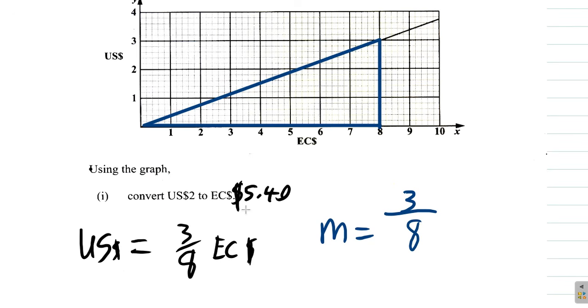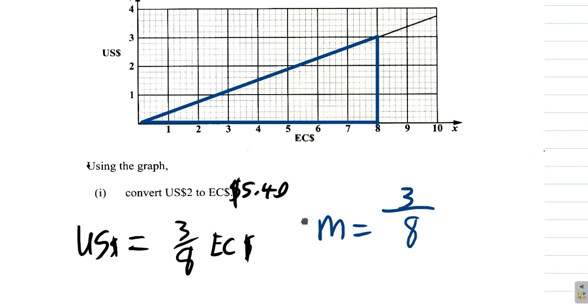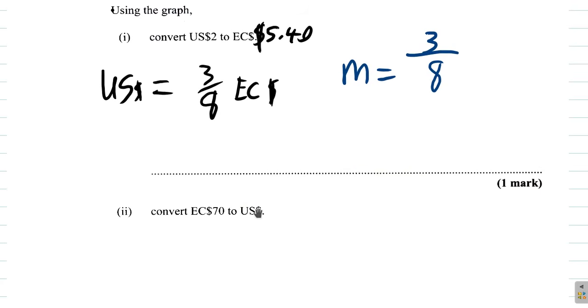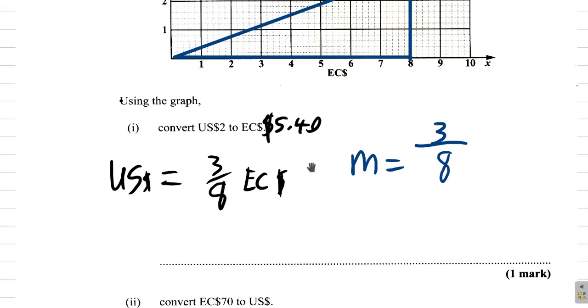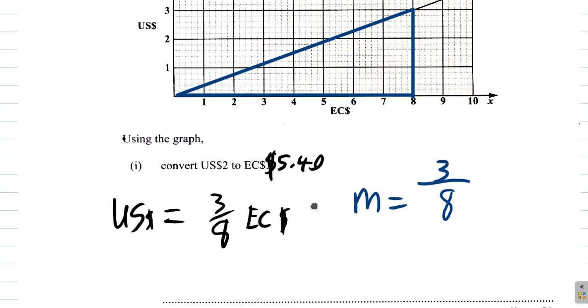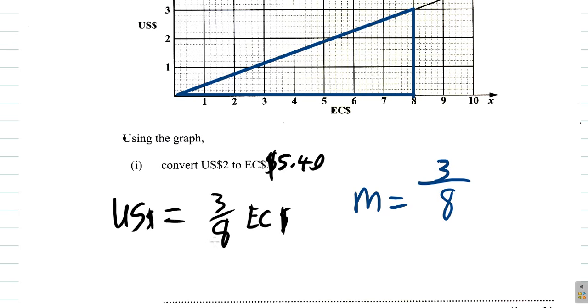Now, what you have to do is substitute how many EC you have. It's 70. So US dollars equals 3/8 times 70.